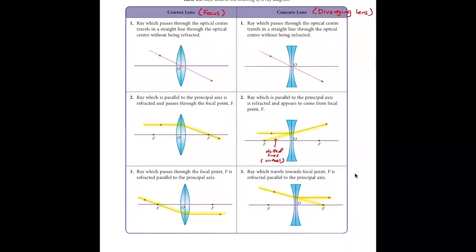If we have got that, then we will start to practice drawing the ray diagrams for both the convex lens and concave lens, and then I will help you to memorize the characteristics for all the positions of the objects.